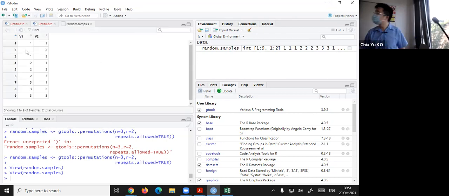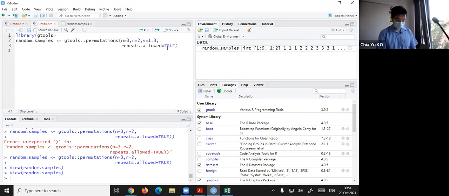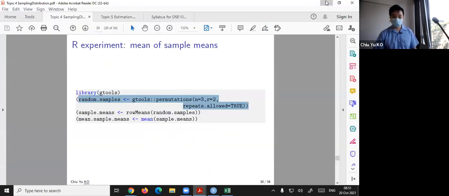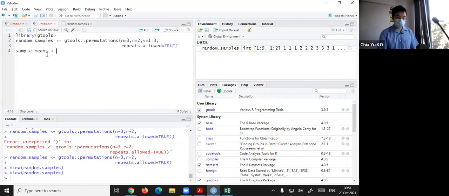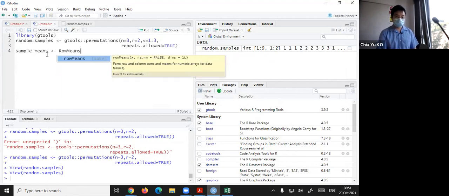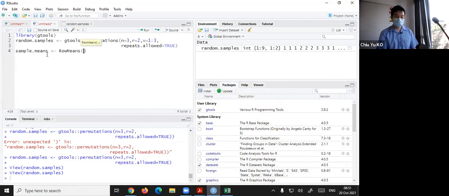I want to calculate the mean of each row. There's a quick shortcut for that called rowMeans. I call it sampleMeans, which is equal to rowMeans of the random sample.